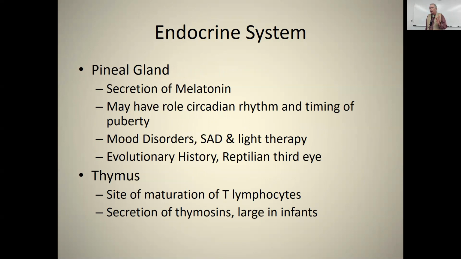Circadian means almost 24; we're really at about a 25-hour day. We'll talk about another area that controls circadian rhythm when we talk about the hypothalamus in the brain. It may also have a role in timing of puberty.